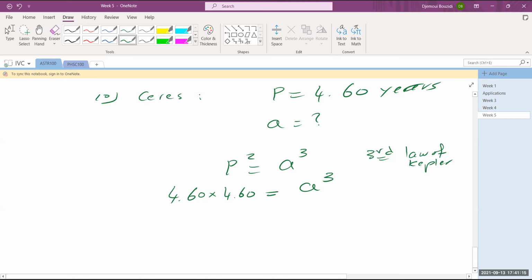Well, 4.6 times 4.6 according to my calculator, times 4.60, not 4. It's the same thing. It's going to be 21.16. This is no good. This is not correct. Let me tell you why.